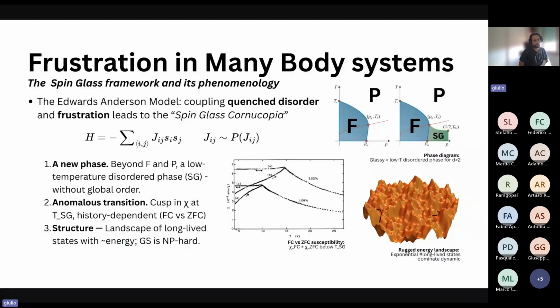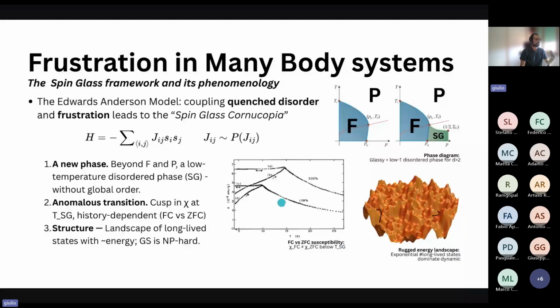If you keep adding more and more elements to your system, you step into the so-called Edwards-Anderson model, which is the coupling of quenched disorder, where you draw your couplings from a probability distribution and encode your cost function in these two-body interactions. The phenomenology is really interesting, because compared to the Ising magnet, you no longer have only two simple phases, the ferromagnetic and the paramagnetic, but a new phase, intriguing because it is disordered at low temperature, emerges.